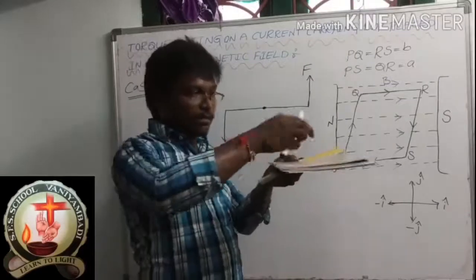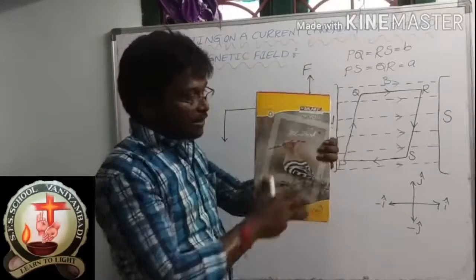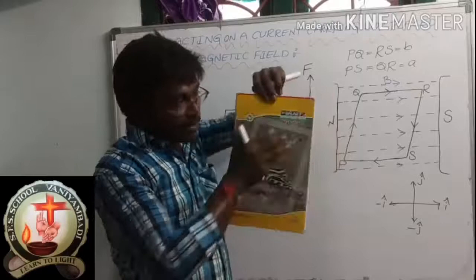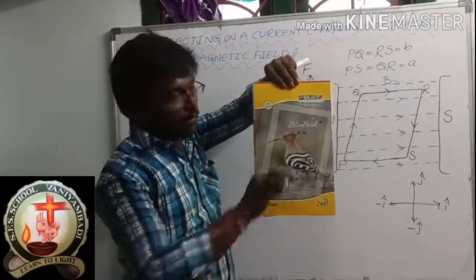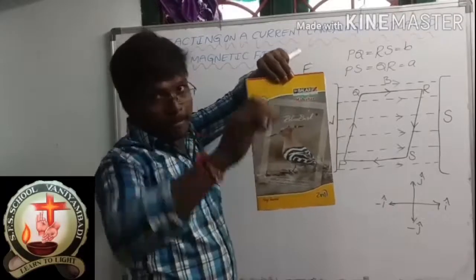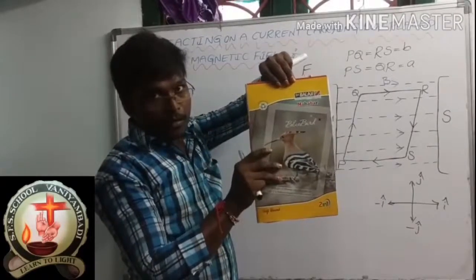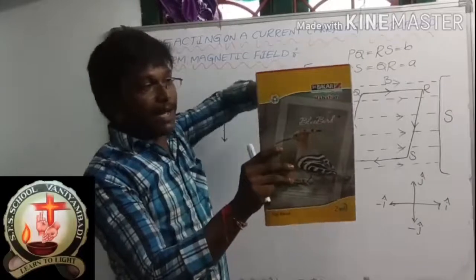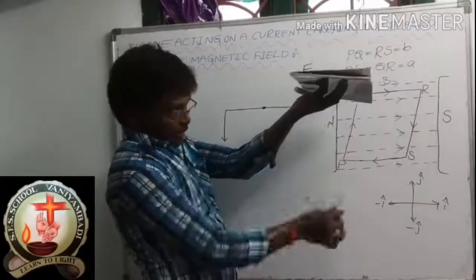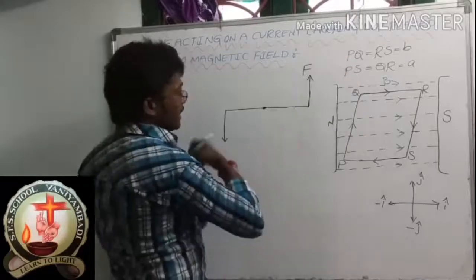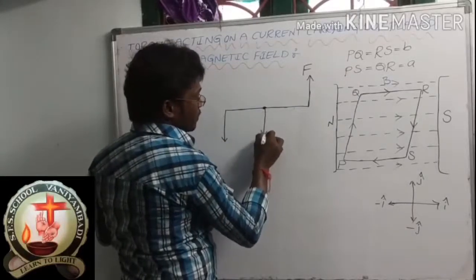So this surface direction is this one. Suppose this is the surface; you can place it like this. This is one surface area and this is another surface area. What is the direction? Perpendicular. Otherwise, for this back side, what is the direction? This side. So like that, what is the direction of the area? Downside. So here the area direction is downside.